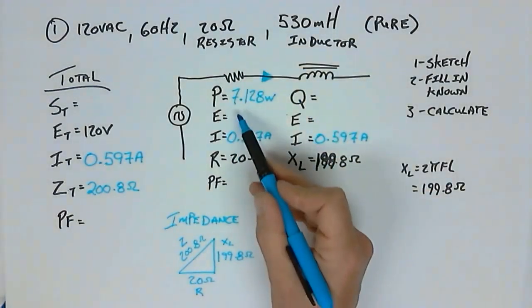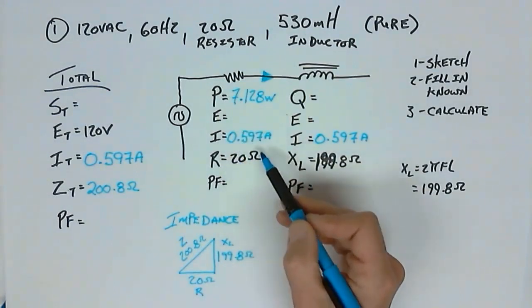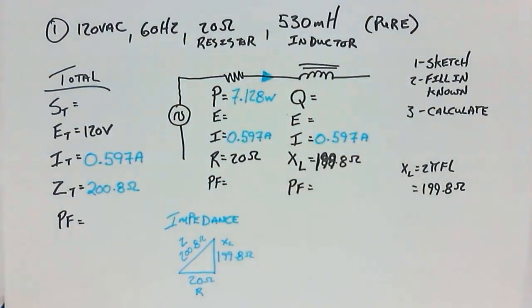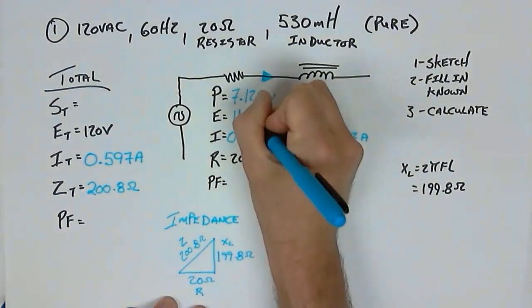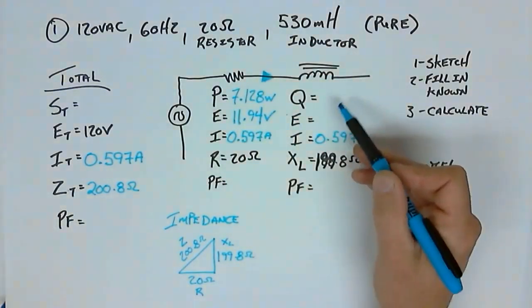What about the voltage across the resistor? The voltage across the resistor would be Ohm's law, 20 times 0.597. That gives me 11.94. What about on this side?